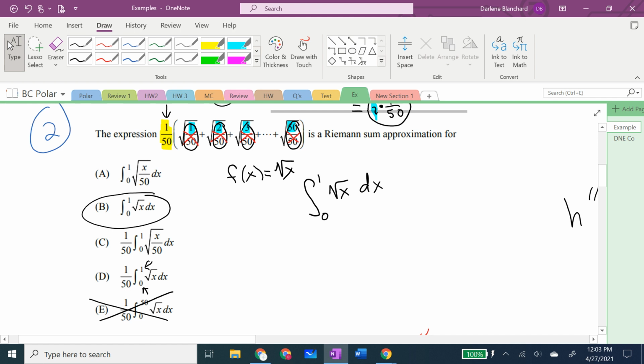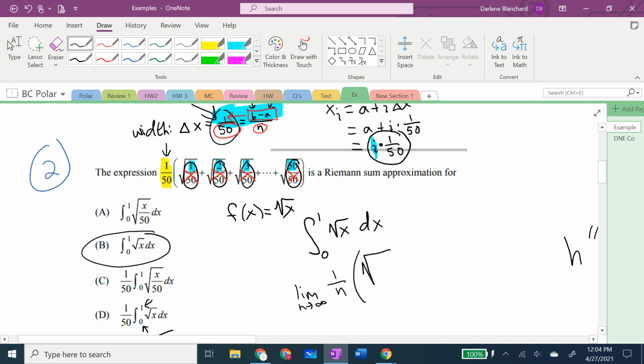So then what would we do if it was like the limit as n approaches infinity instead of just having the 50 slices? So the other way it could have shown up was limit as n approaches infinity, and then you would have seen maybe 1 over n, and then square root of, and then let me think for a second, because that then is what this becomes.